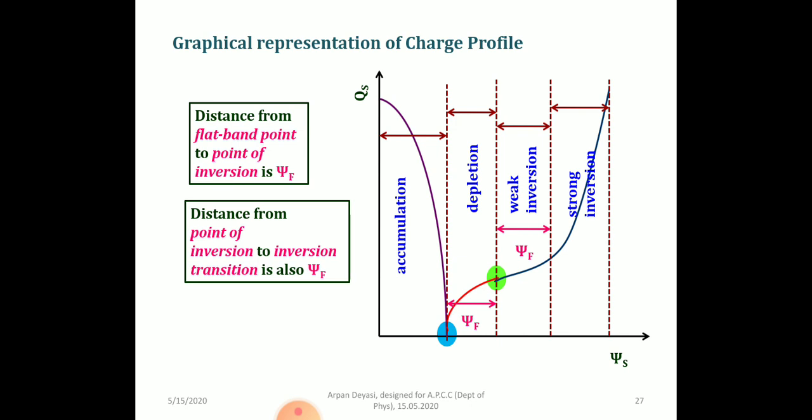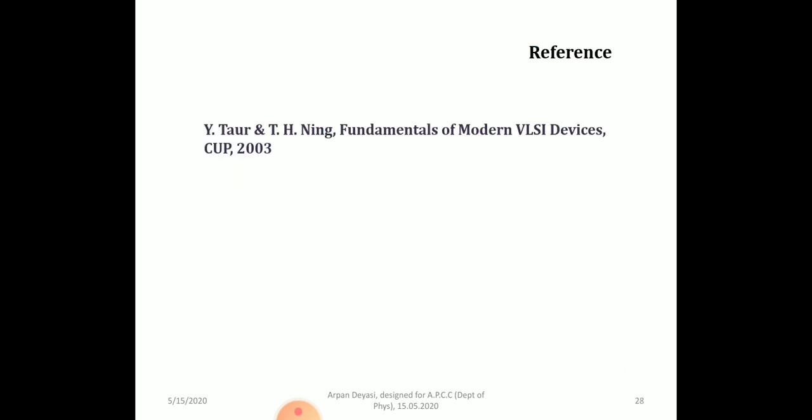Once I start the next day with the inversion approximation and depletion approximation, I will start from these points. So once you get this, that will give a complete Q-psi characteristic of a MOS capacitor, and all these derivations with some fundamental steps and concepts you can find in the famous textbook of Tsividis and Ring.